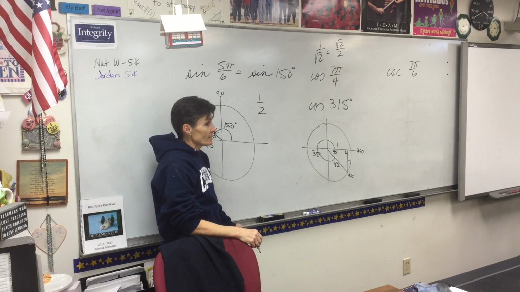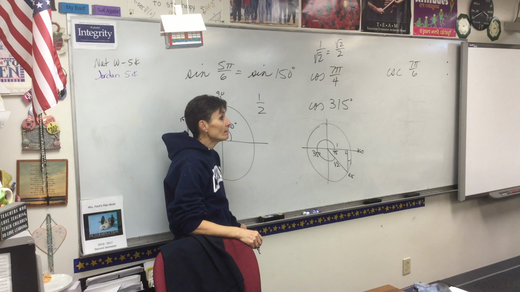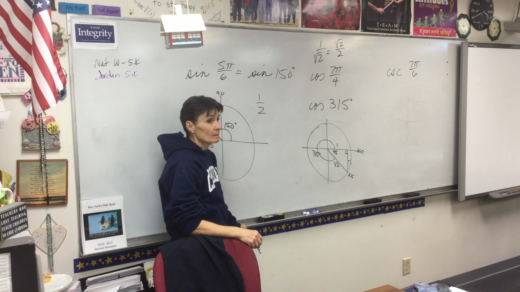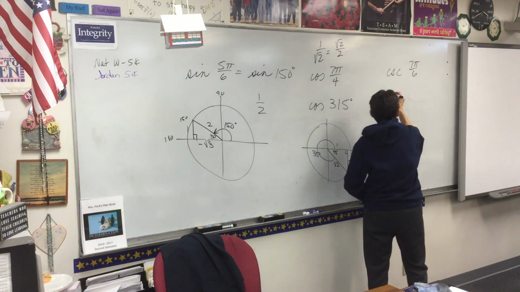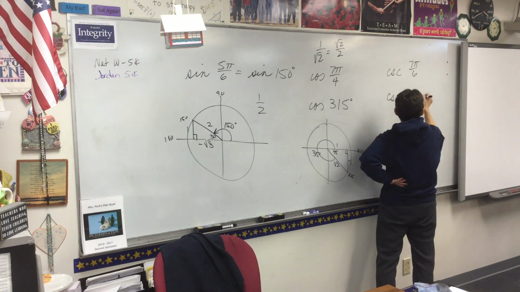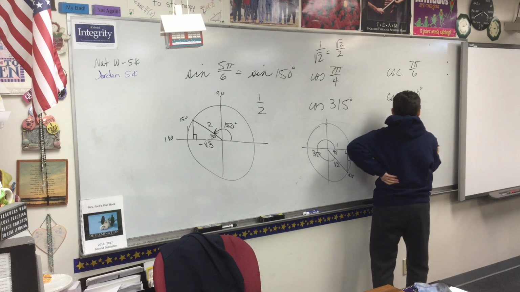7 pi over 6. 240. What? 240. That might be 210. 180 divided by 6 is 30, times 7. Yeah, it's 210. So the cosecant of 210 degrees.